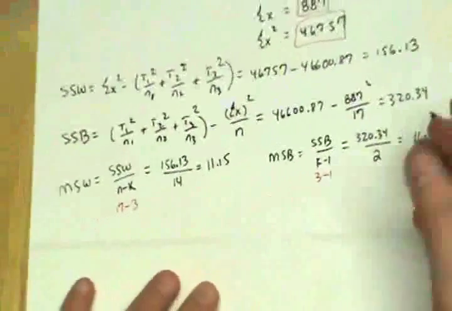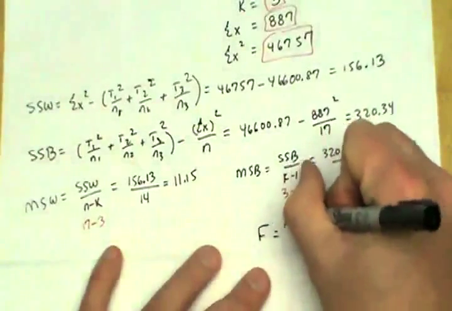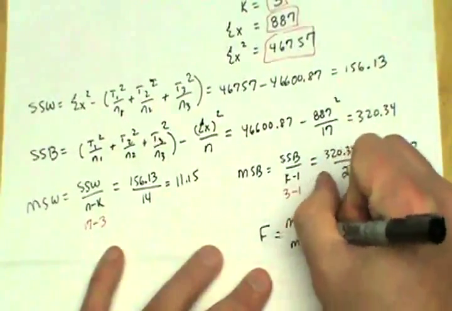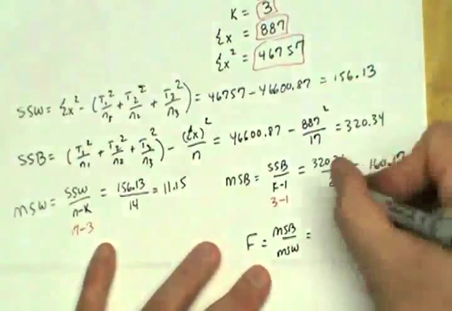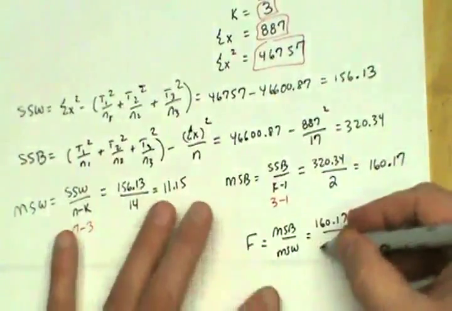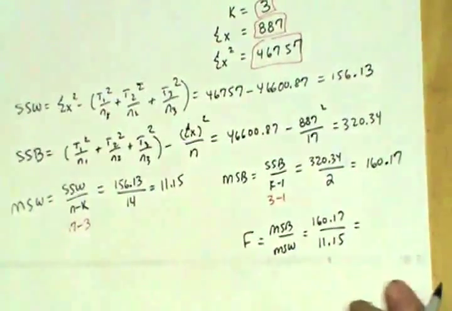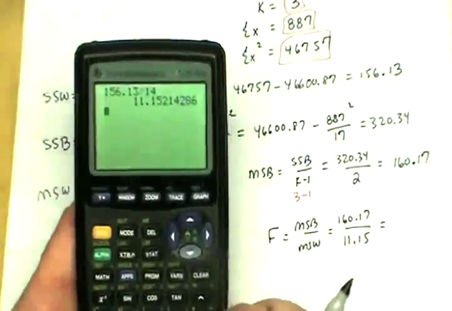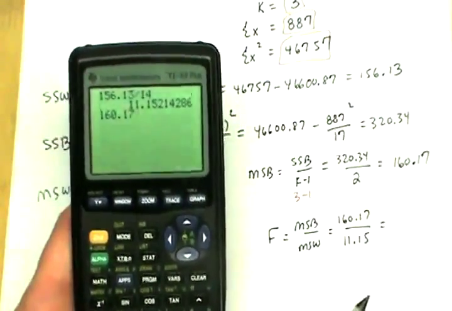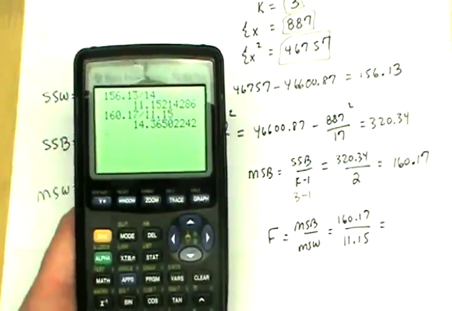And finally, we need the value for F. That's MSB divided by MSW. MSB we found to be 160.17, and MSW over here we found to be 11.15. So 160.17 divided by 11.15 is 14.37.